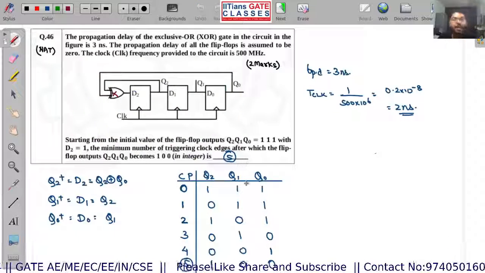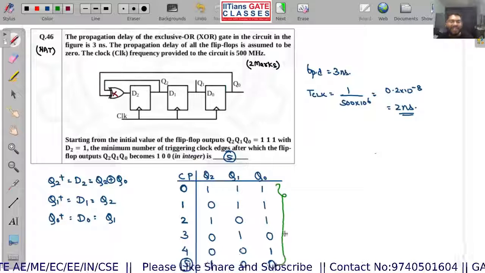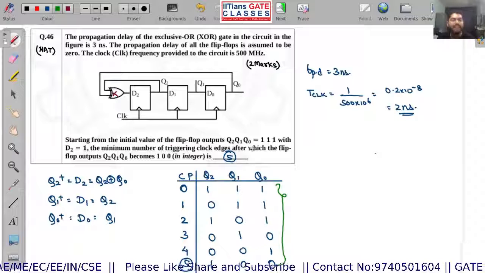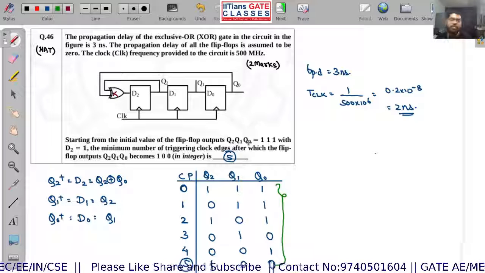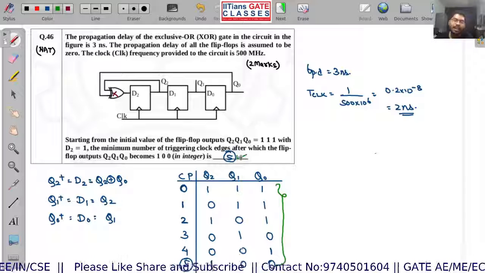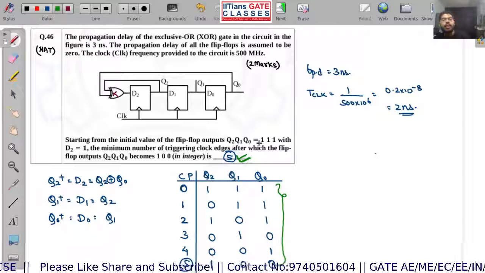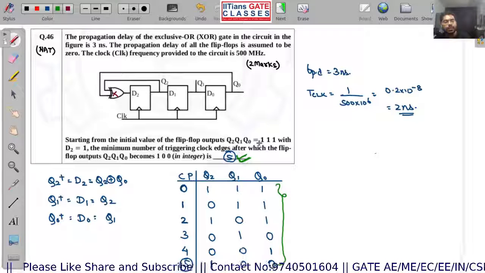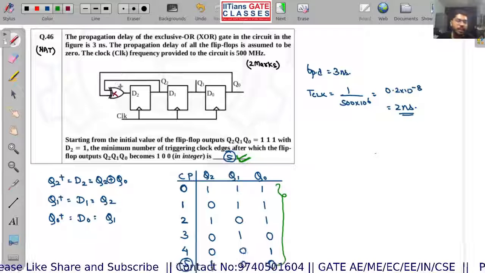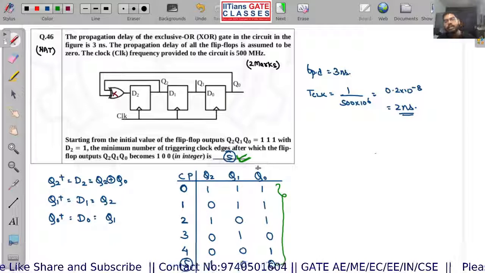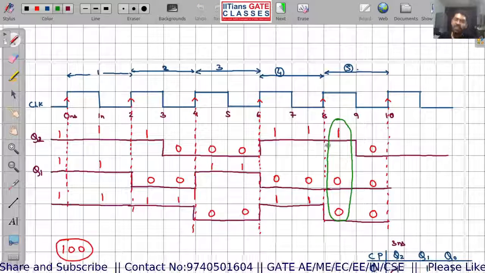Even if you had solved this question and got 5 as your answer, you were quite lucky. 5 is the correct answer even if you solve this question without any logic of the propagation delay for this XOR gate, you will still get the same answer as with the complex logic we have seen here.